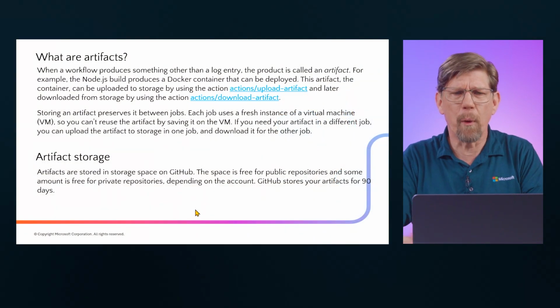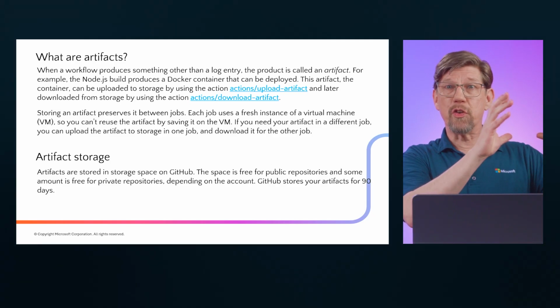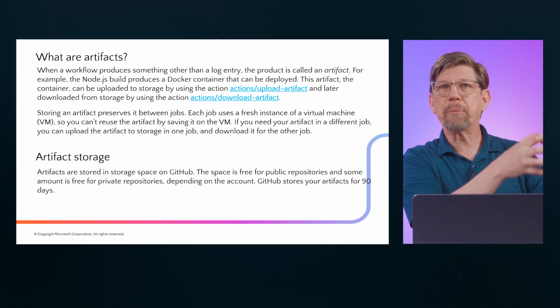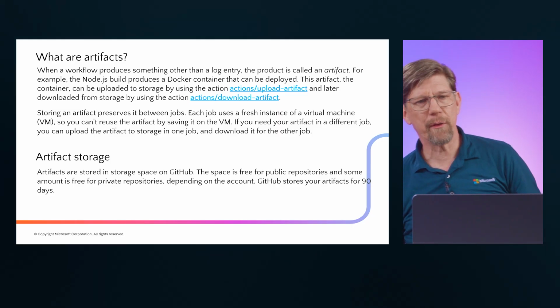So first, what are those artifacts? Again, the CI build, when we do our build, will potentially create the assemblies, the binaries that we need to deploy later in the pipeline.